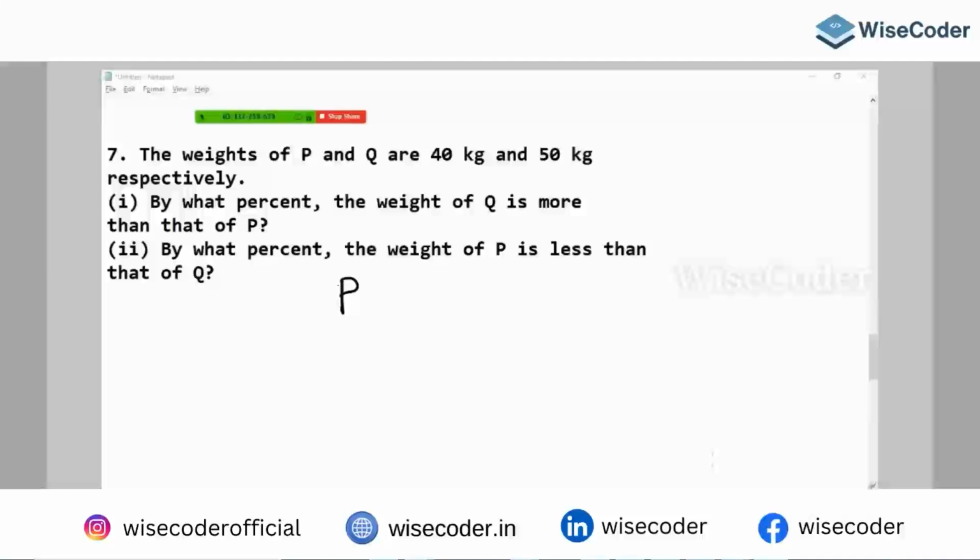The weights of P and Q are 40 kg and 50 kg respectively. P is 40, Q is 50. Question 1: by what percent is the weight of Q more than that of P? Percentage, numerator, denominator.